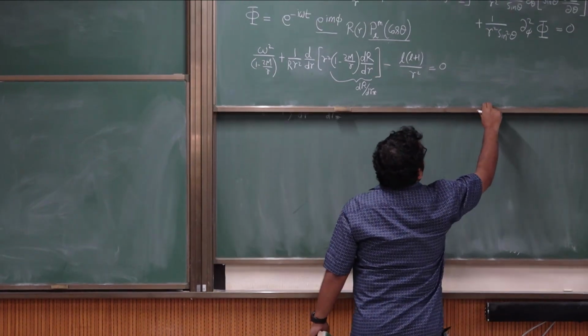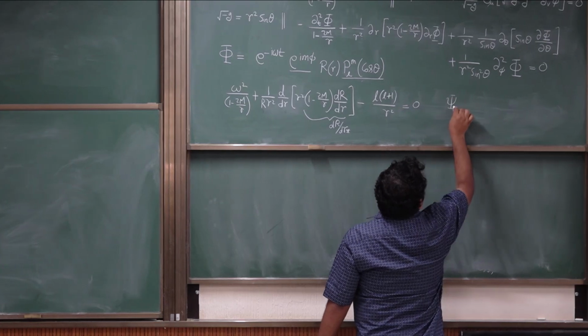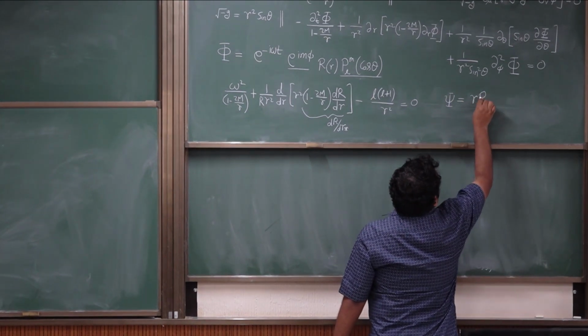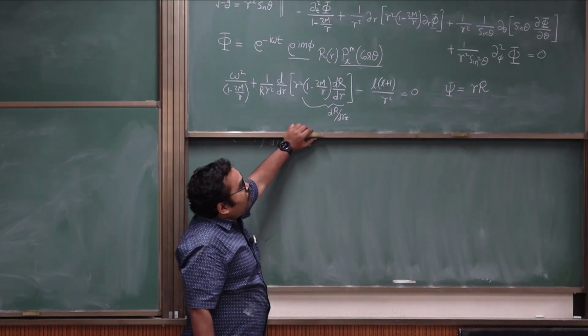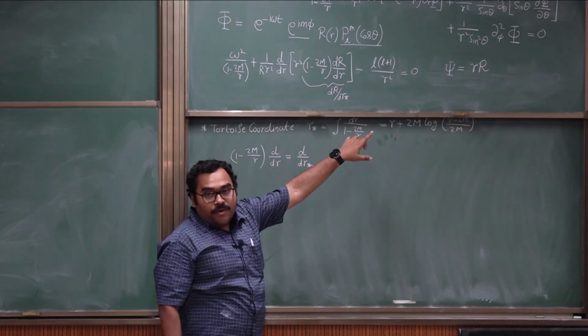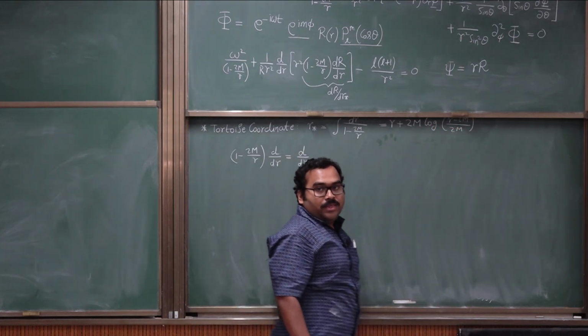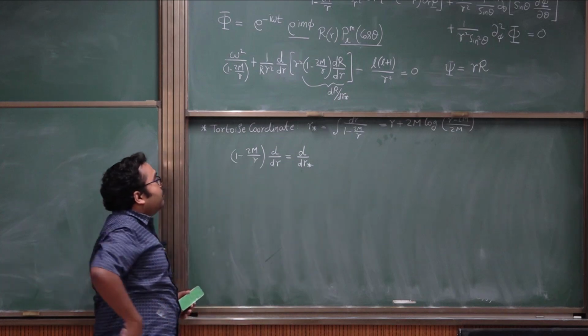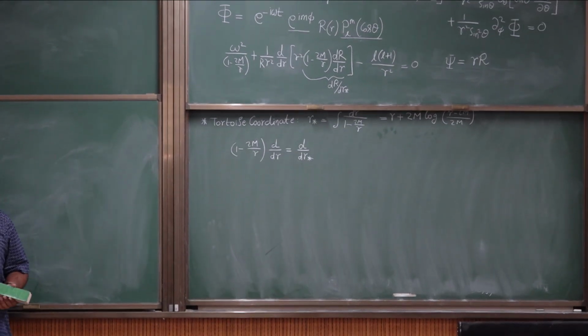But then you want to rewrite it further, so you have to do some additional manipulation. You have to define a psi, which I think is small r times capital R. After you have done this rescaling, so that power I am not 100% sure, it can be 1 by r as well, but you can check for yourself. The idea is you want to write the differential equation in the form of a Schrodinger equation.